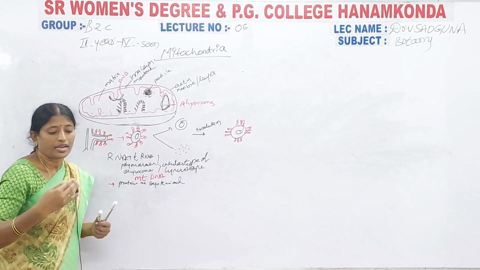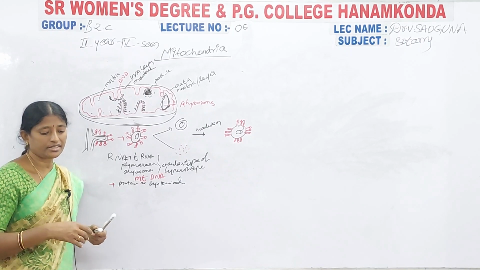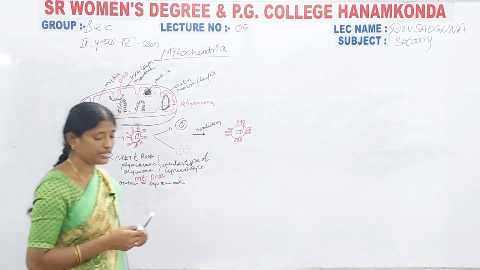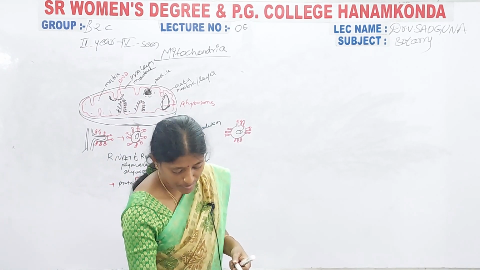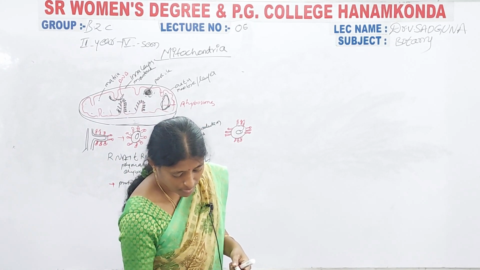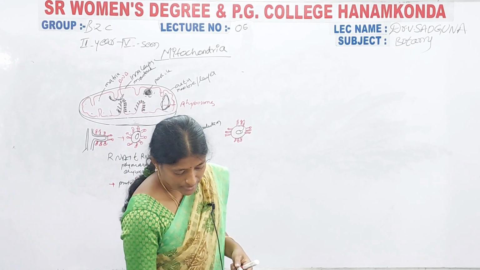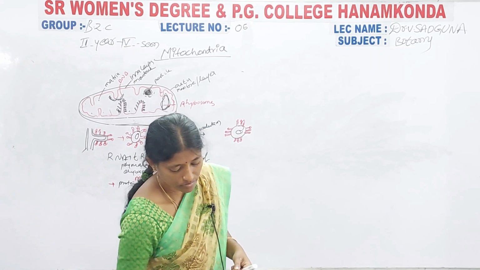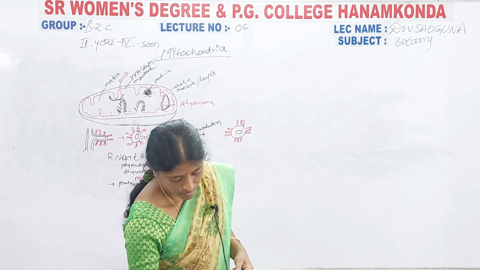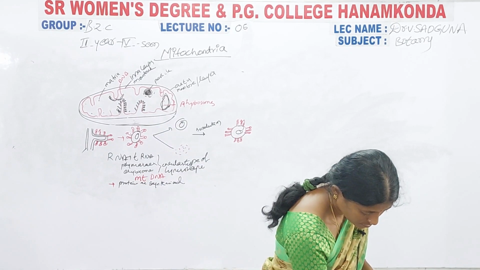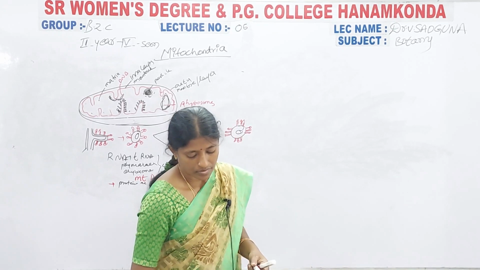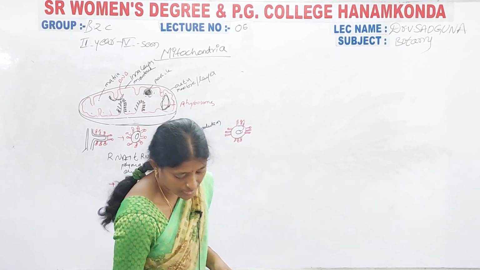Then it is in the different inner mitochondrial membrane and at the same time outer mitochondrial membranes. Then it functions gradually.